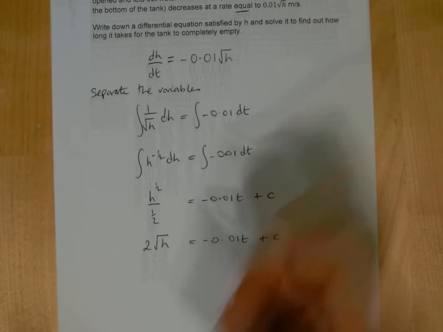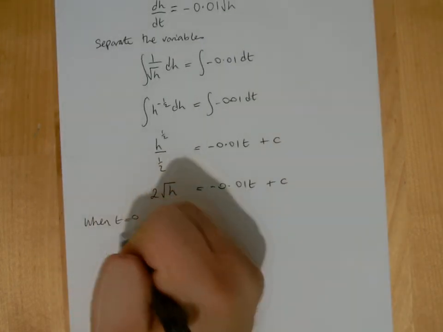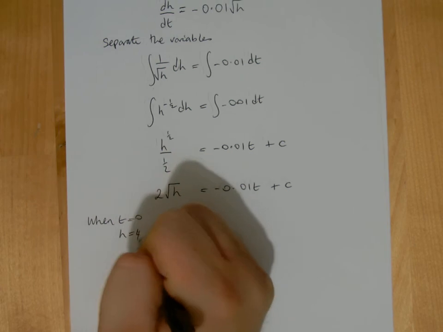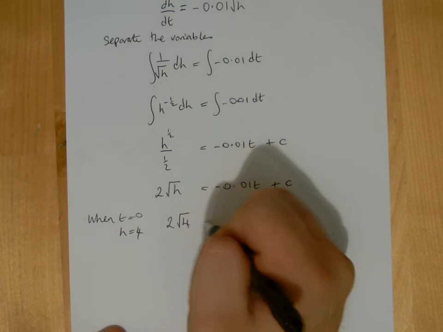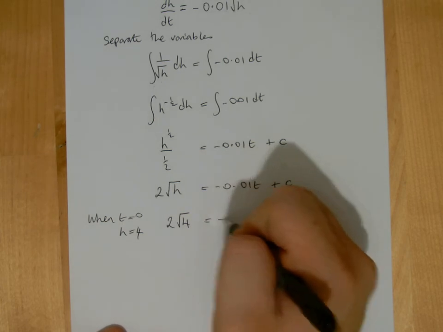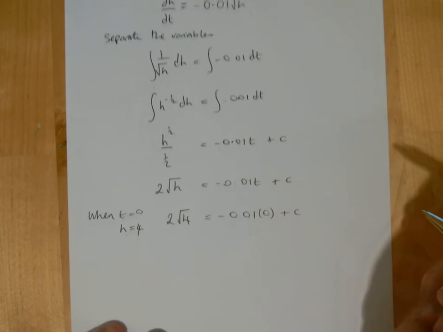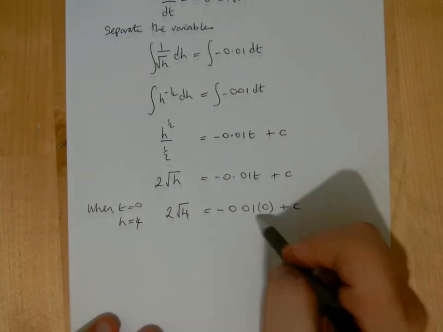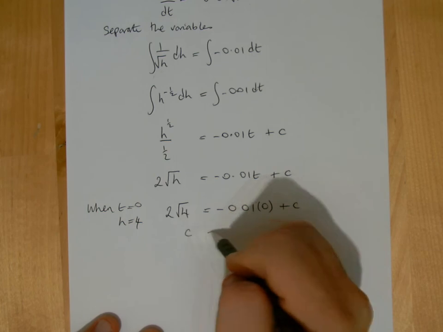So we can say, at the start, when t is 0, h is equal to 4. So we'll have 2 square root of 4 equals minus 0.01 times 0 plus c. That will be 0, won't it? So c is equal to 2 root 4, which is just equal to 4.